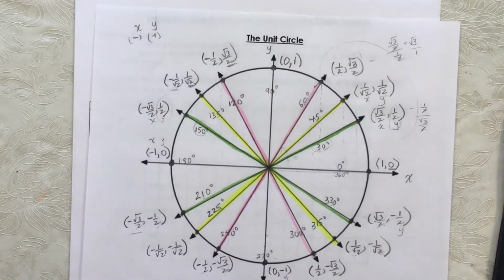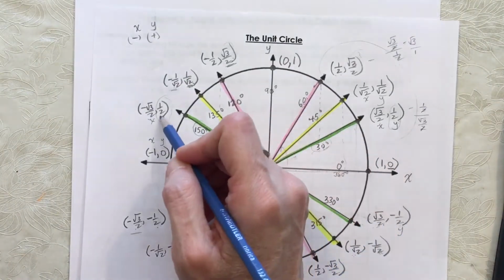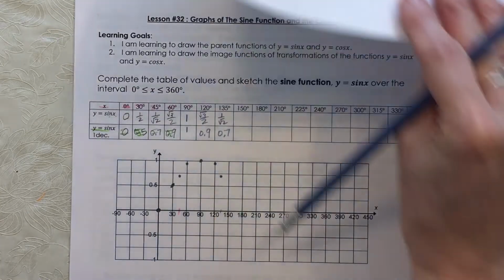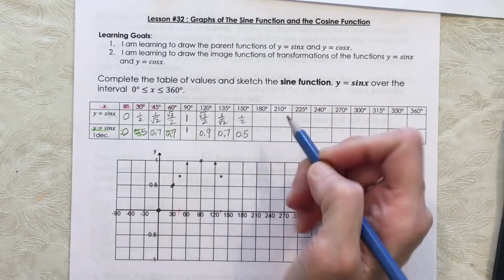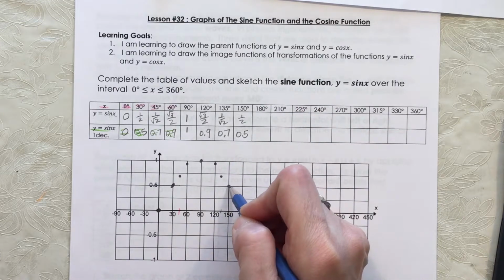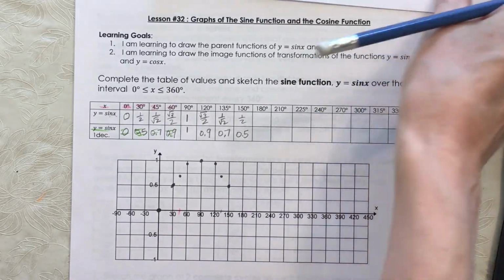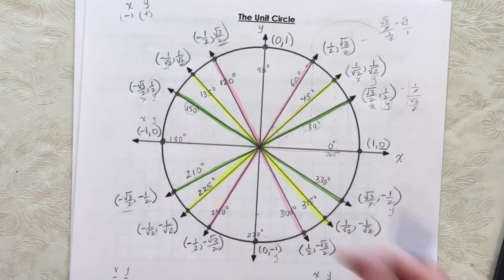150, the sine of 150, or the y value is 1/2, which is 0.5. And then 180, the sine of 180 is 0.